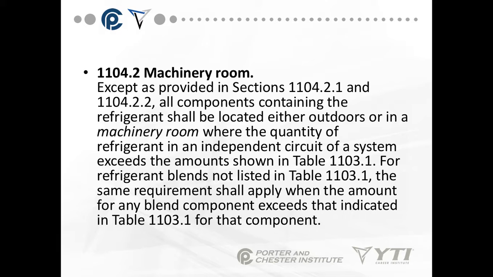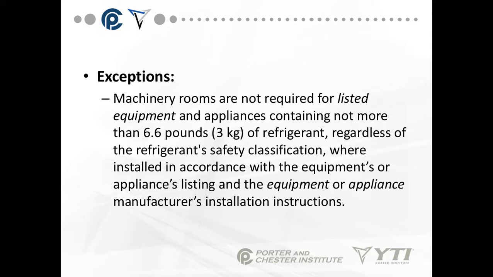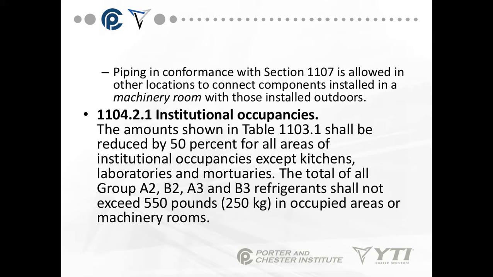Machinery rooms are defined. It talks about what can be in a refrigerant machinery room, about blends and different types of refrigerants, and about exceptions to the machinery room classifications. Then it refers back to tables, Table 1103.1 with all the refrigerant types.